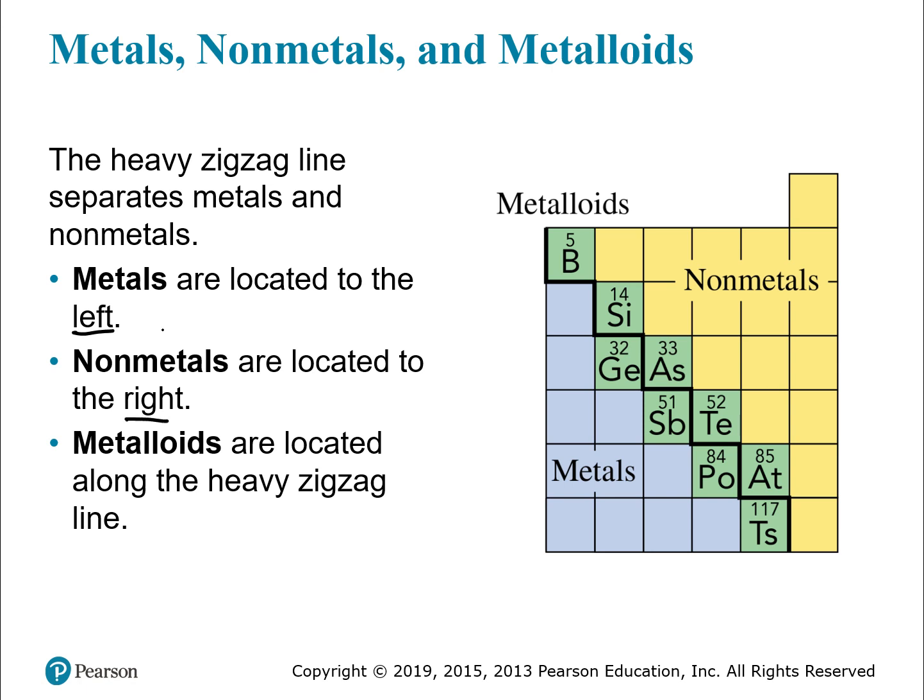And on your periodic table, those metals are kind of like a periwinkle blue, and the nonmetals are yellow. The metalloids are along that zigzag line, and they're green. In a second, you'll see why they're kind of sandwiched in between the metals and the nonmetals.